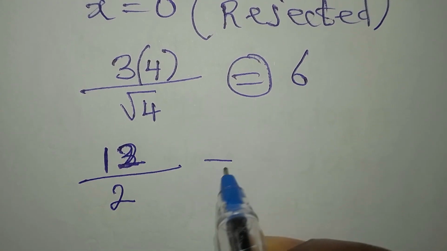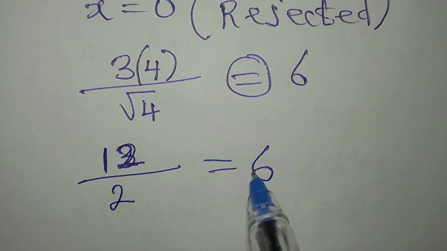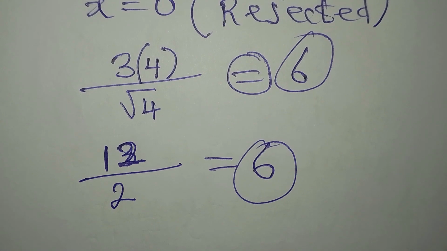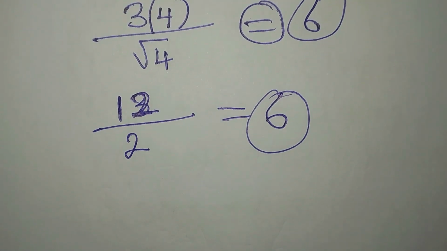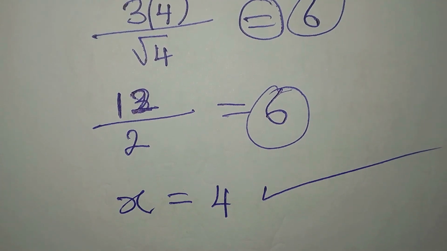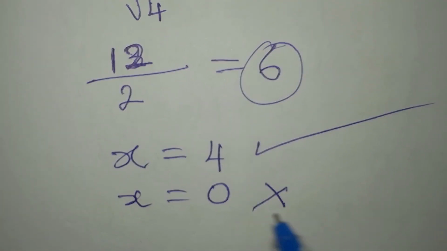And then if you divide 12 by 2, that will give 6, and it is the same 6 we had on the right hand side of the equation. So this is to verify that x equals 4 satisfies the equation, and then x equals 0 does not satisfy.